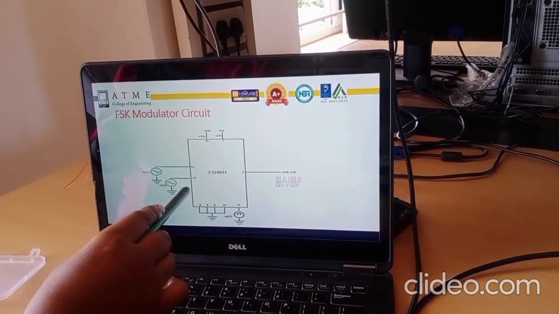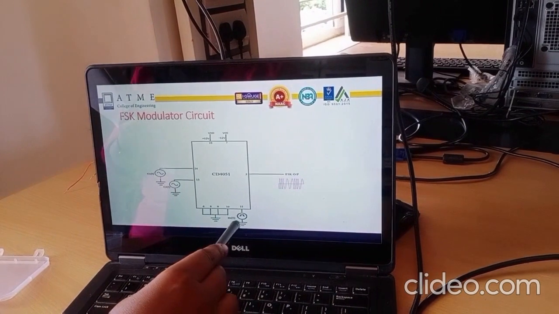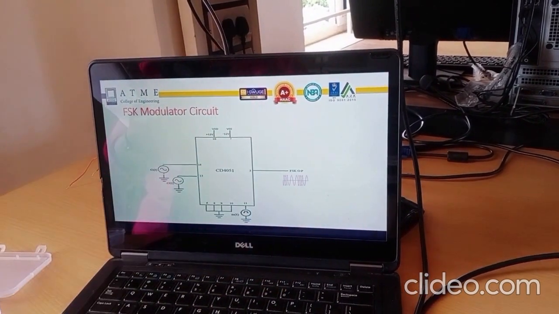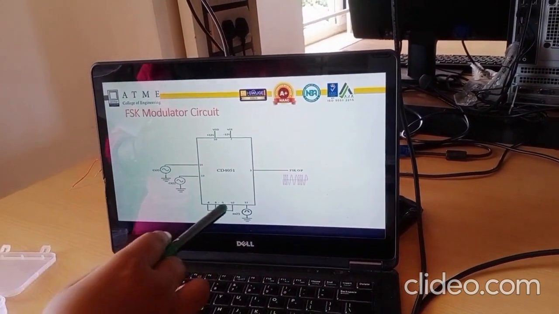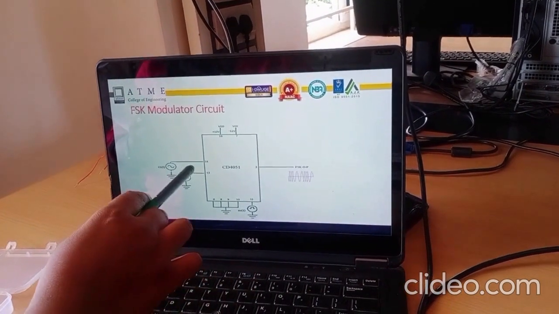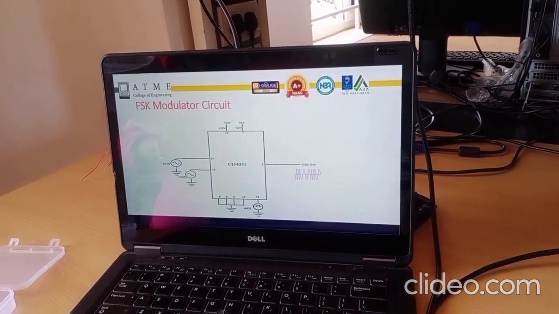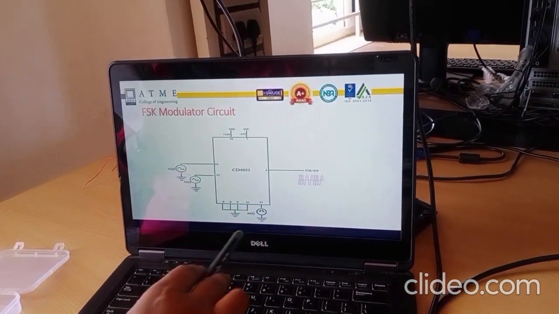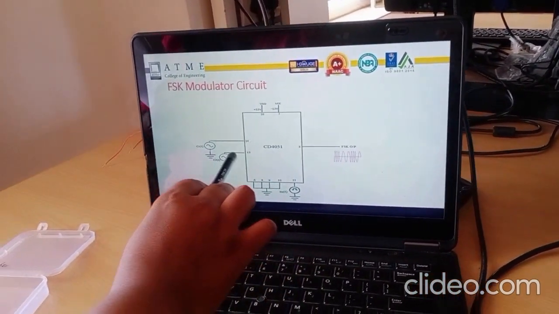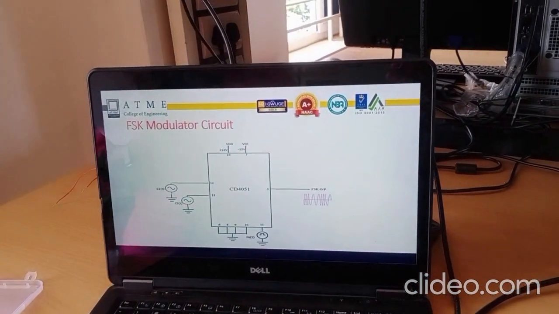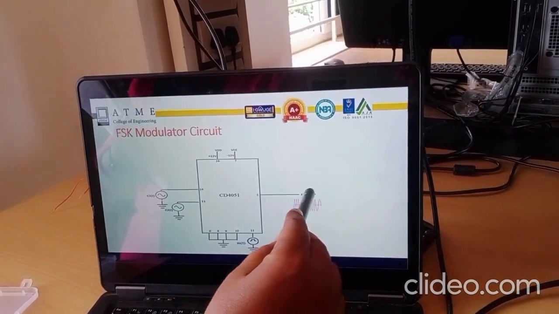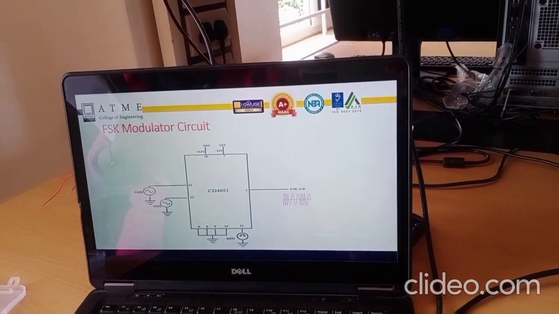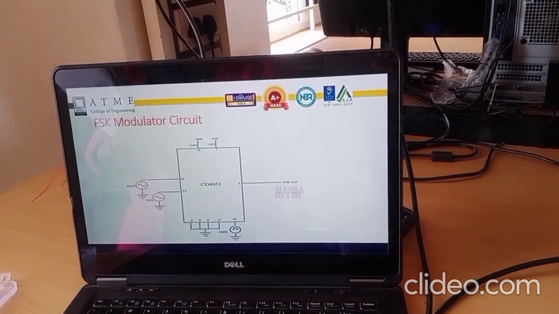These two are the inputs, this is the select line, and this is the output. Whenever M of t is 1, pin number 14 is selected, so we get the higher frequency signal. When M of t is 0, we get the lower frequency signal from pin number 13. This is how the waveforms will be generated. This is about the FSK modulator circuit.